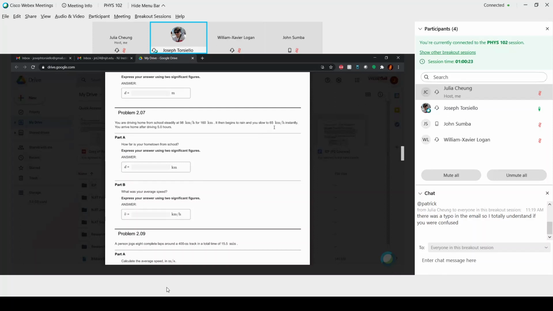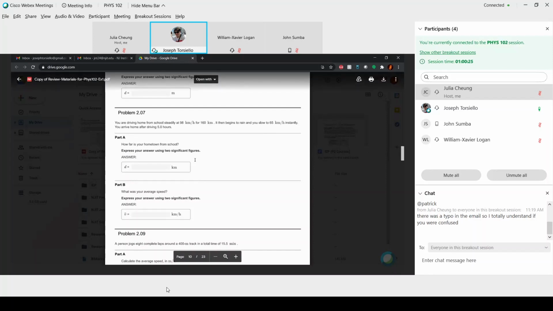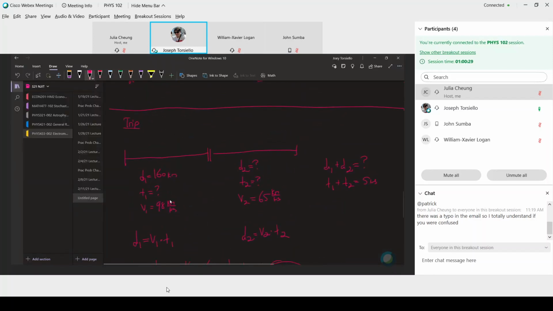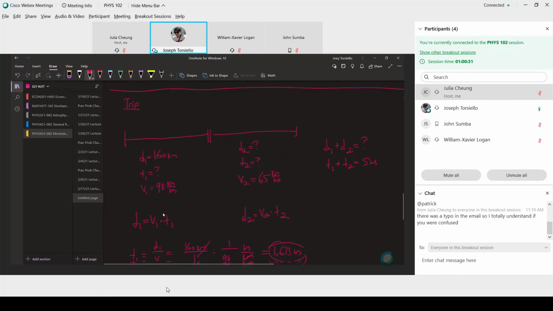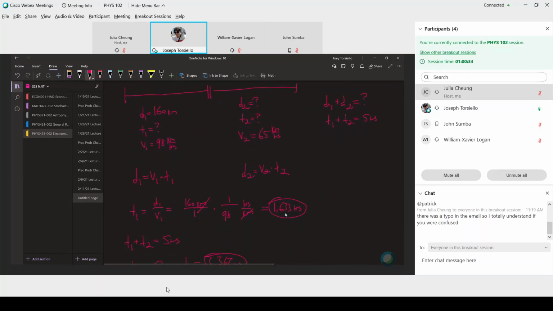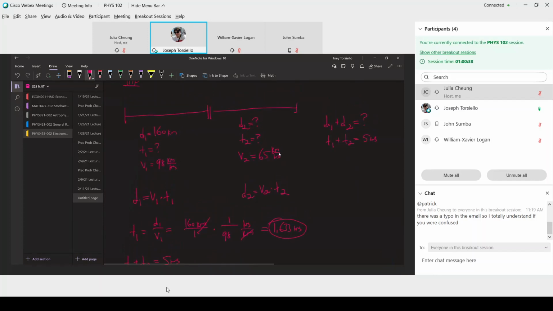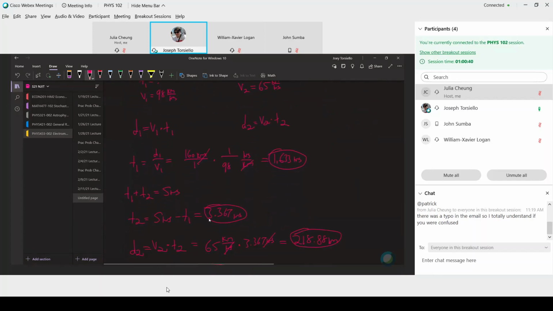It's defined a bit differently. How should I explain this? Here's a good way to explain it. You travel 98 kilometers per hour for about 1.6 hours, whereas you travel 65 kilometers per hour for a much longer period of time, about 3.367 hours.